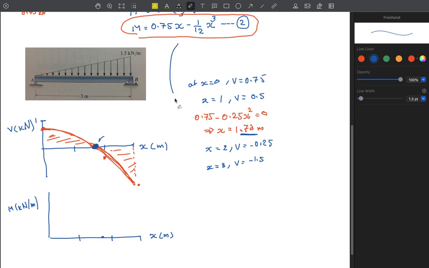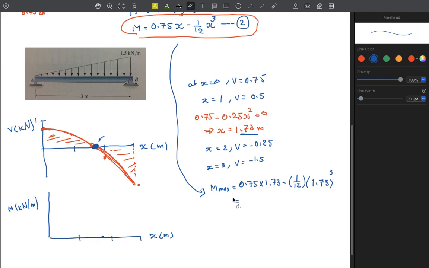So, in this equation, you find the moment there. So, maximum moment would be at x equals 1.73. So, this is 0.75 multiplied by 1.73 minus 1 over 12 multiplied by 1.73 cubed.